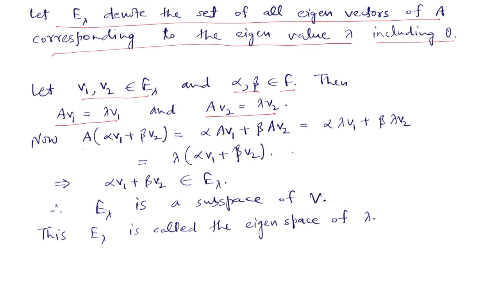Now A times (alpha v1 plus beta v2) is, we can see easily, equal to lambda times (alpha v1 plus beta v2). So alpha v1 plus beta v2 belongs to E lambda, and we are also including 0 in E lambda. So E lambda becomes a subspace of V. This E lambda is called the eigenspace of lambda.